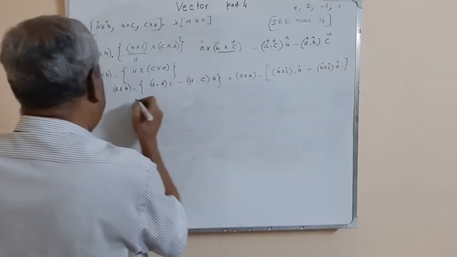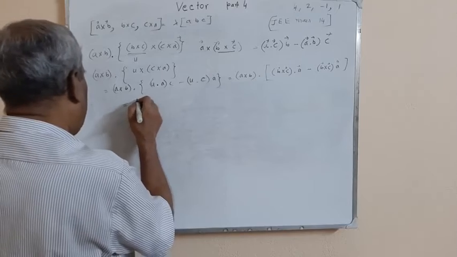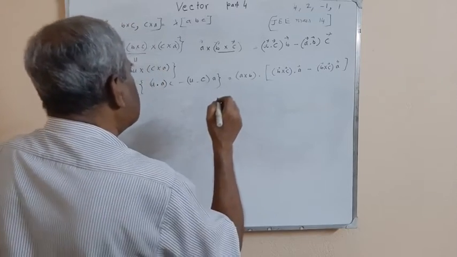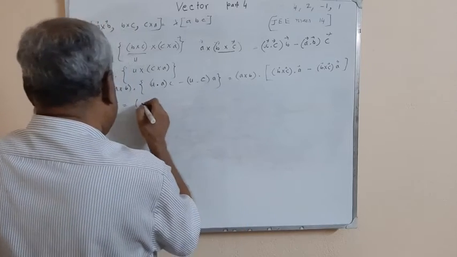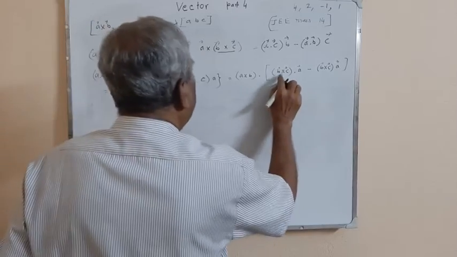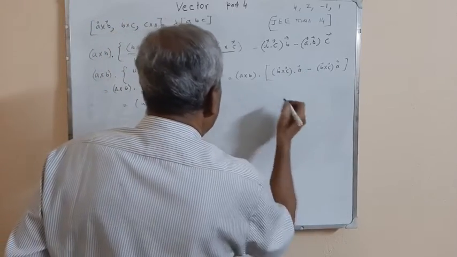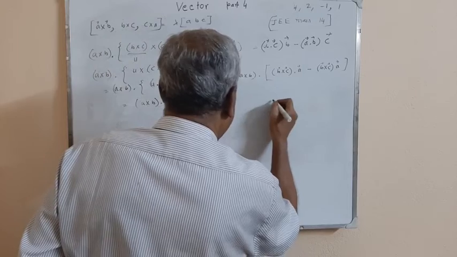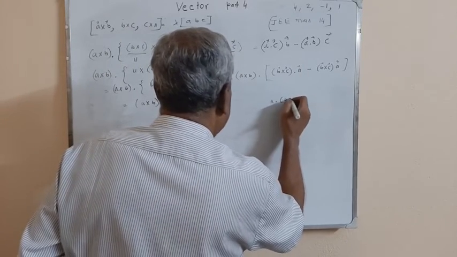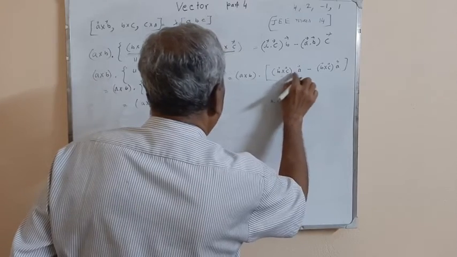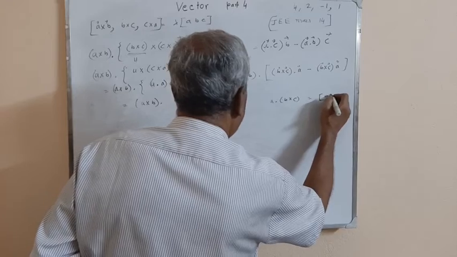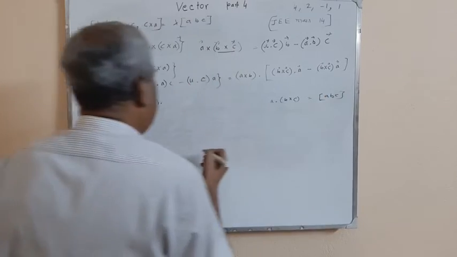It is equal to A cross B dot B cross C A, and A dot B cross C, same thing, so it is equal to ABC.